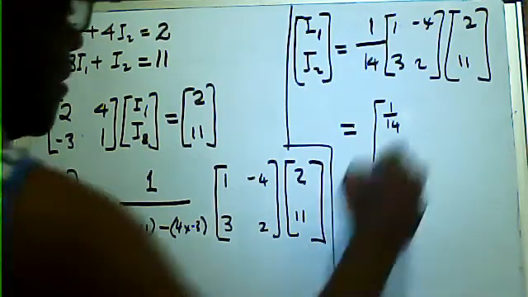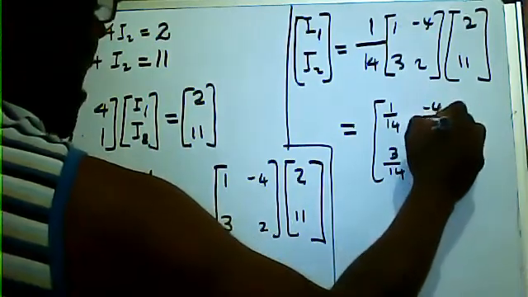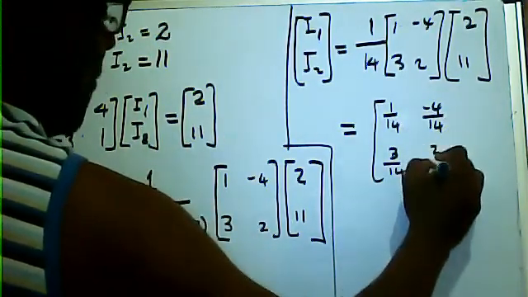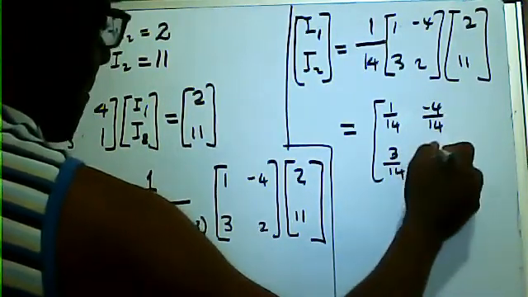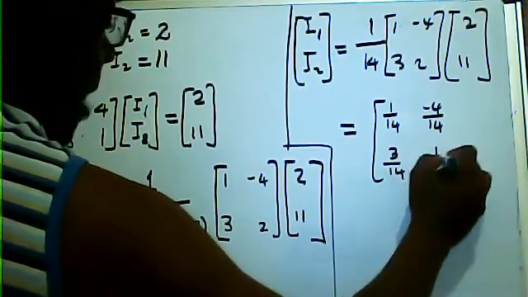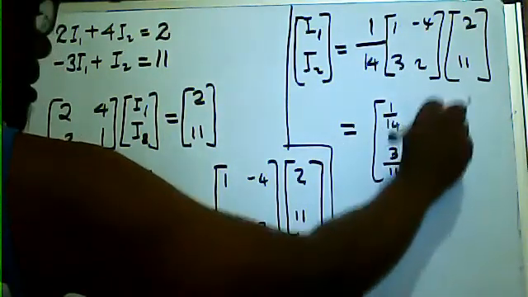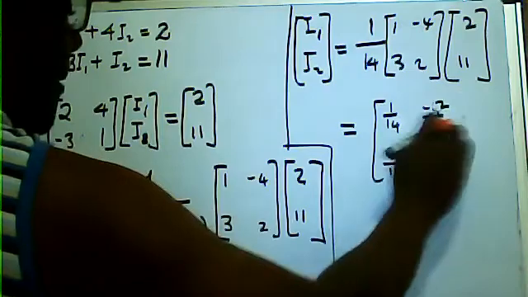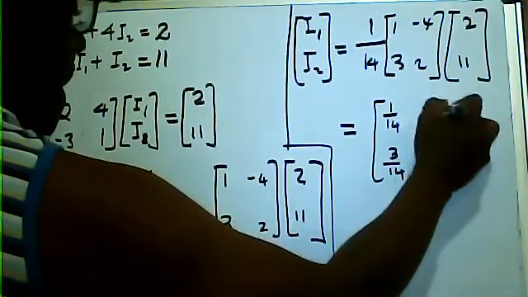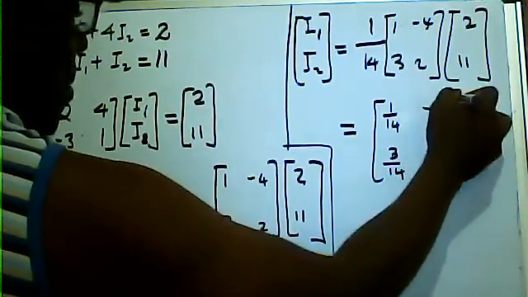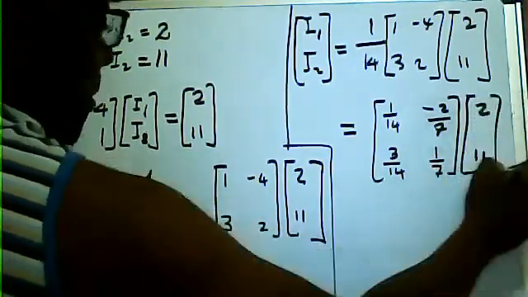Okay? 3 over 14. Negative 4 over 14. 2 over 14, which is 1 over 7. 1 over 7. Negative 4 over 14 is negative 2 over 7. Multiplied by 2, 11.